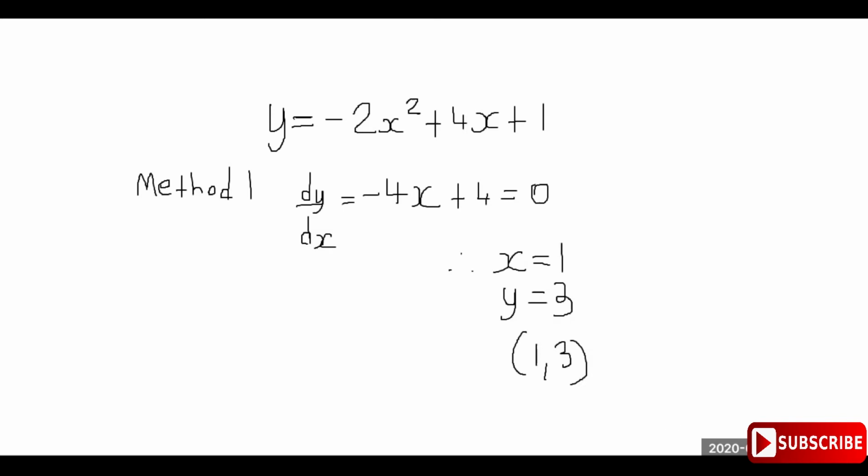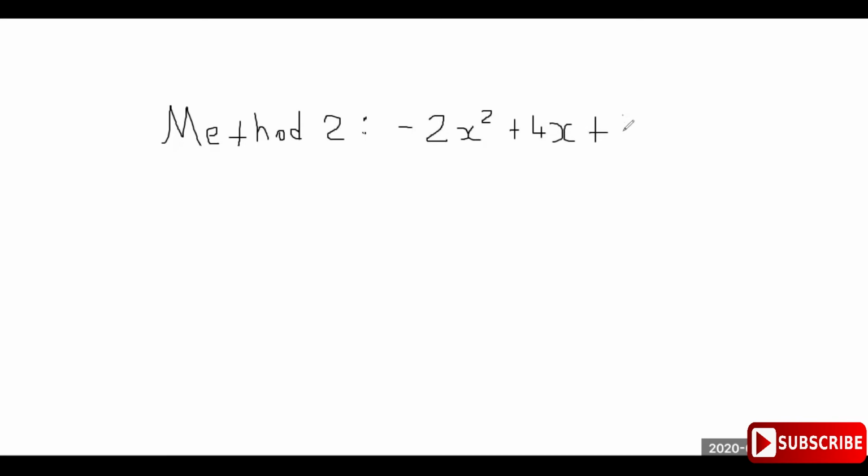Let's look at method 2 now, which is the traditional method they're expecting you to use, which is completing the square. In method 2, you have minus 2x squared plus 4x plus 1.